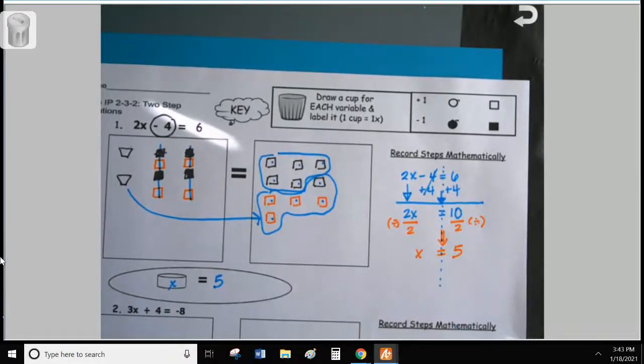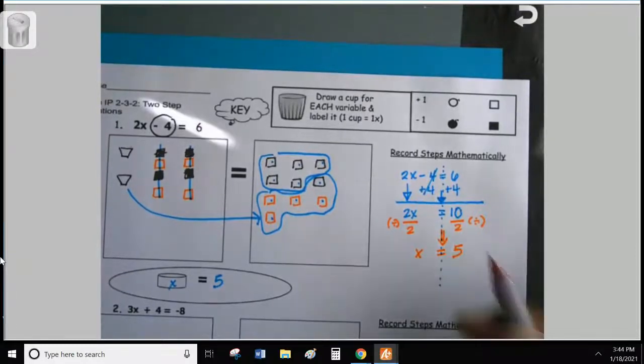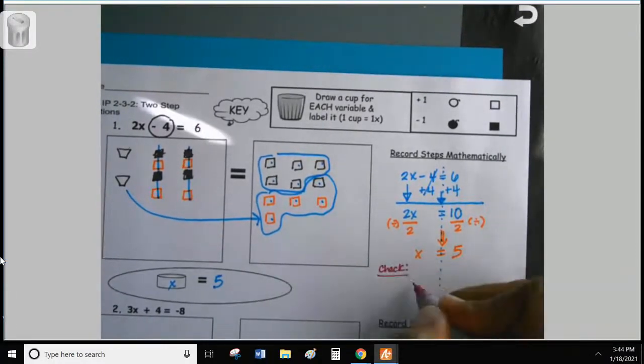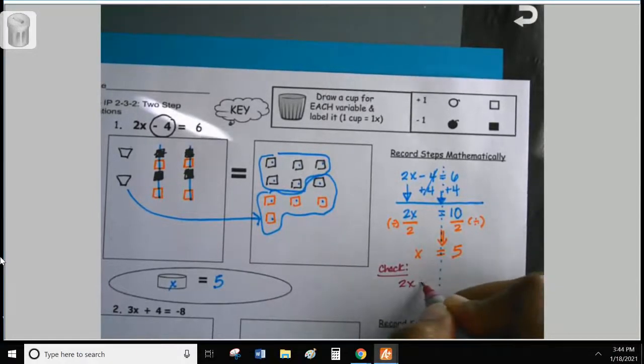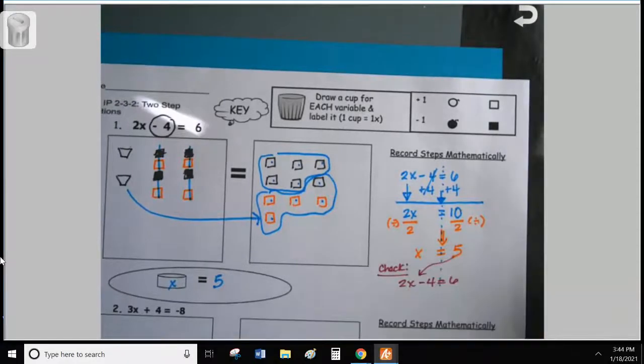I want to go ahead and show you how to check this answer. The way you check this answer is called substitution. Just like when I'm absent and there's a teacher that takes my place, the sub, you're going to do the same thing. So anywhere we see x, we're going to put 5 in its place. So we're going to go back to the original problem, 2x minus 4 equals 6. Anywhere there's an x, I'm going to put 5 in its place.